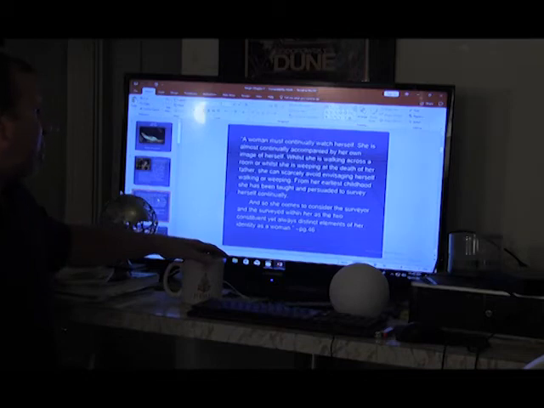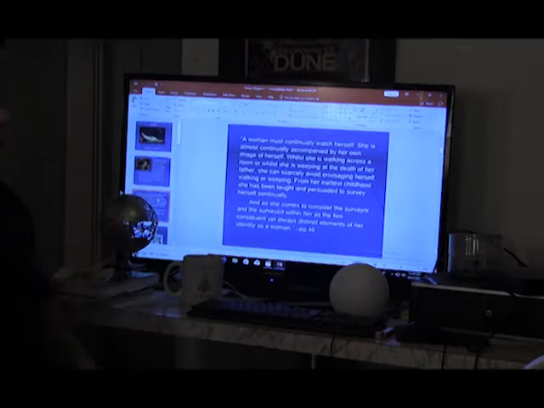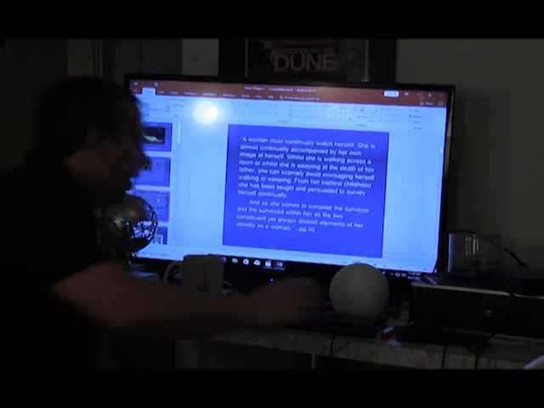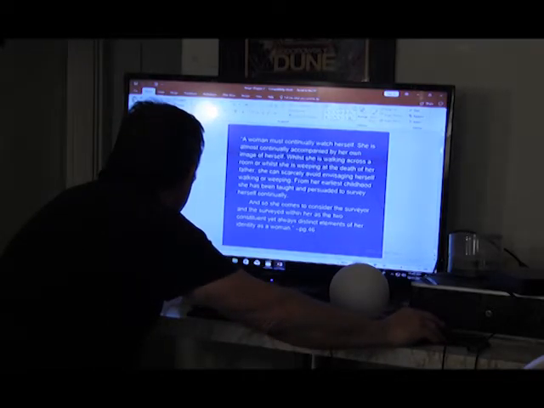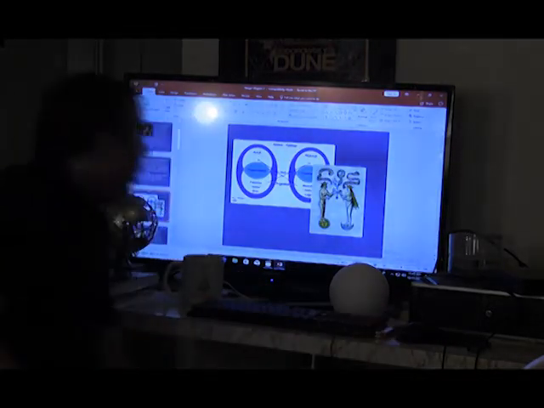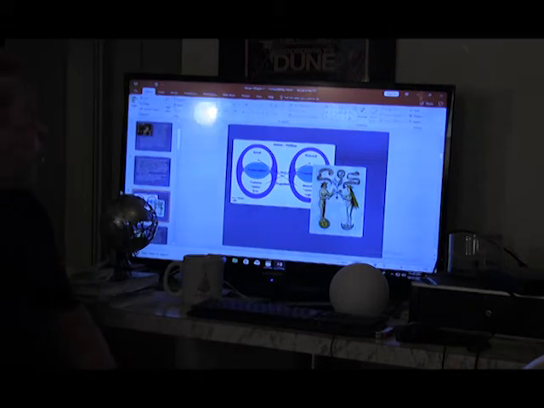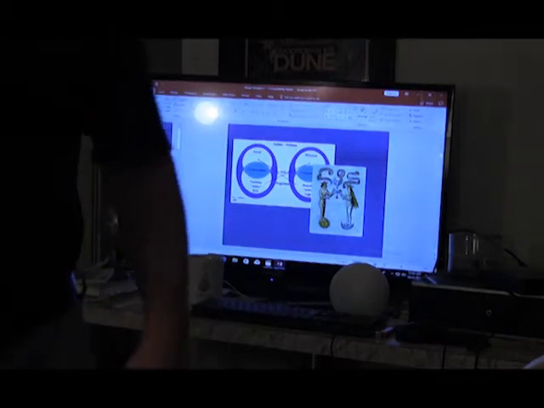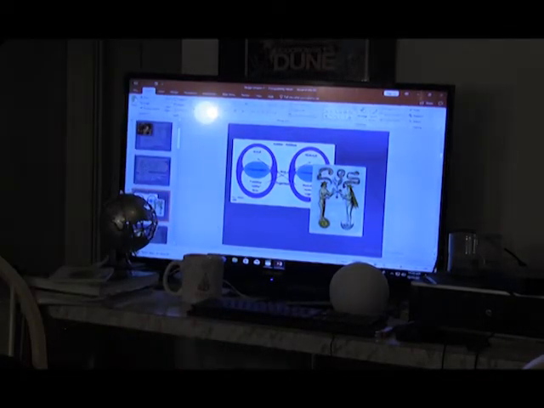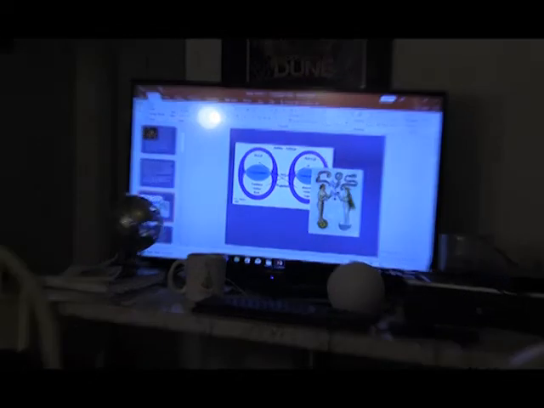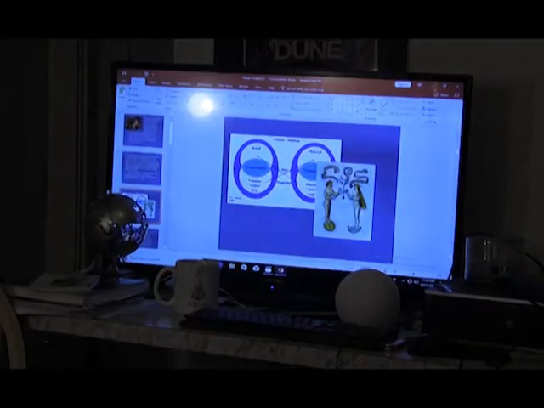And so she comes to consider the surveyor and the surveyed within her as two constituent yet always distinct elements of her identity as a woman. All right? And remember when we were talking in the introduction to Seeing is Believing about Jung's ideas on the anima and the animus, right?